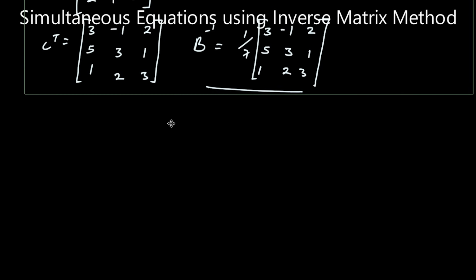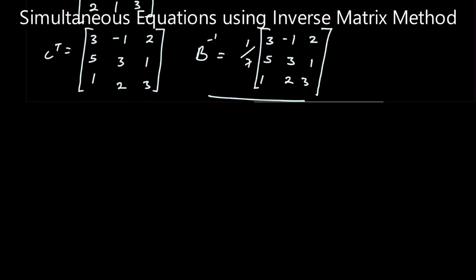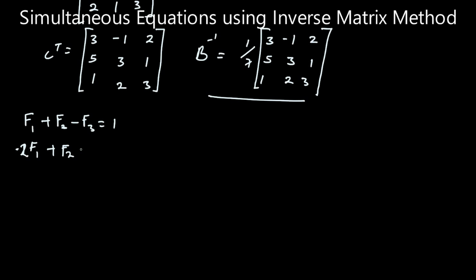Now, to solve the simultaneous equation using the inverse matrix method, our equations were F1 plus F2 minus F3 is equal to 1, minus 2F1 plus F2 plus F3 is equal to 1, and also F1 minus F2 plus 2F3 is equal to 6.